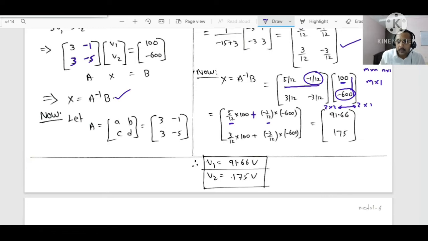First row is completed. We repeat the same for the second row: 3 by 12 into 100, and minus 3 by 12 into minus 600. Very important, here you should take the plus.